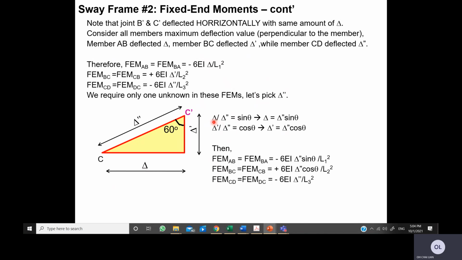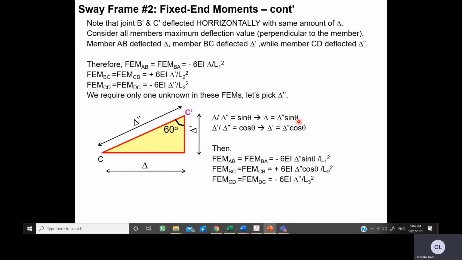So now we know that theta, 60 degrees, is given to you. Sin theta is equal to delta divided by delta double prime, so you can find the relationship between delta and delta double prime: delta is equal to delta double prime sin theta.